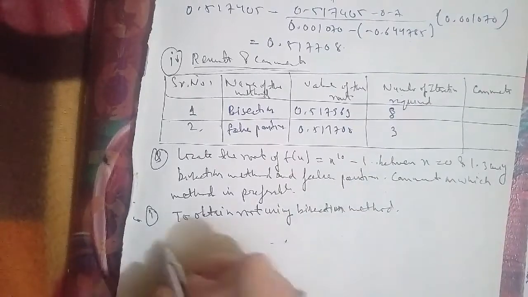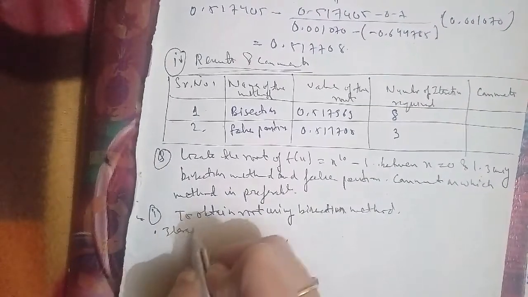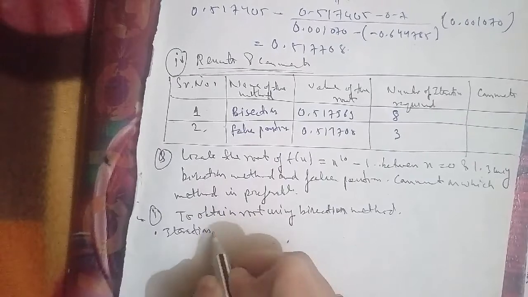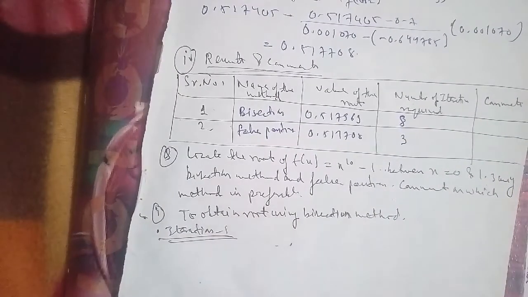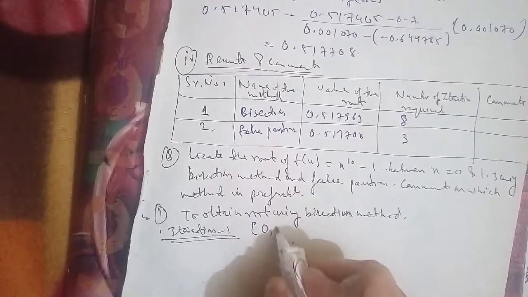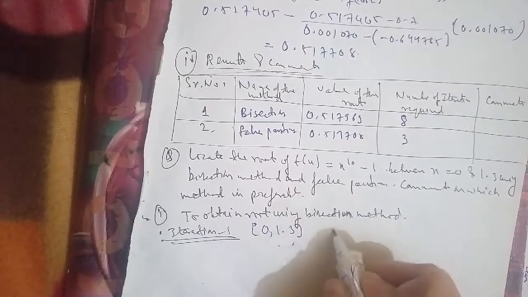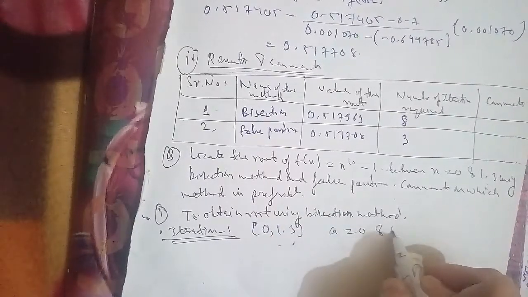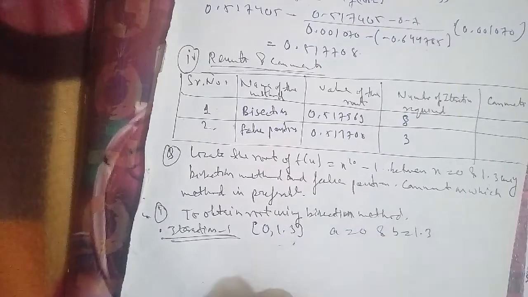So for iteration 1, we find that the root lies between 0 and 1.3, hence a equals 0 and b equals 1.3.